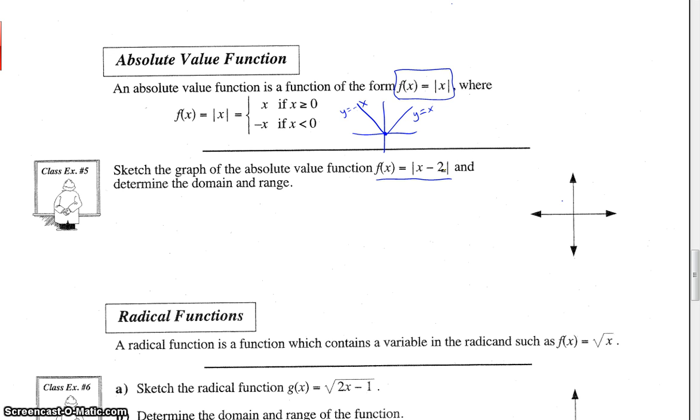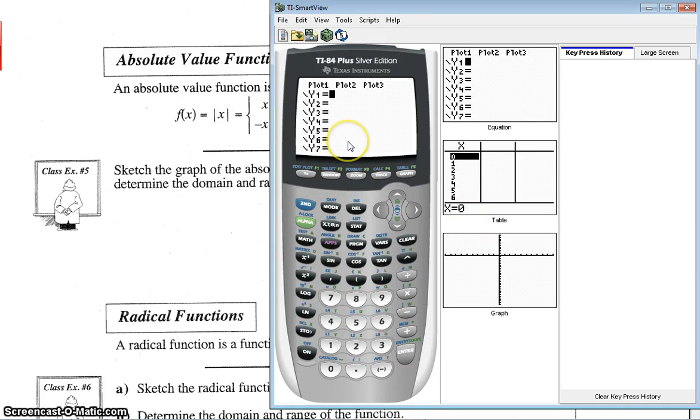So once again, we need a graphing calculator, so let's get those. Okay, so we're going to enter in the graphing calculator the absolute value of x minus 2. Now to find absolute value, you can go to math, and then num, and ABS, that first one there.